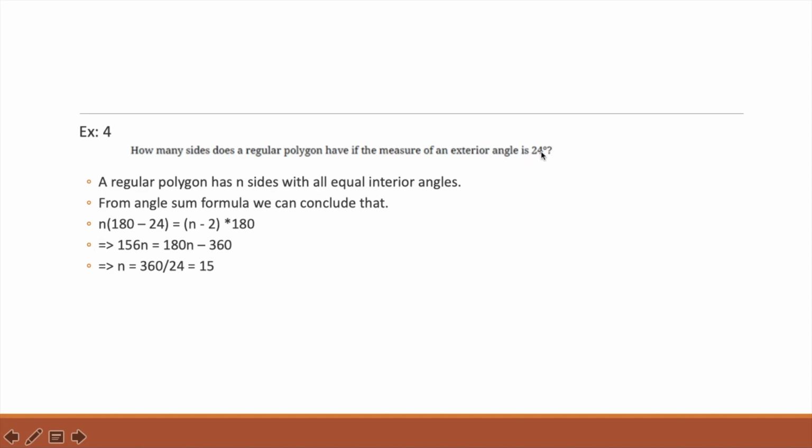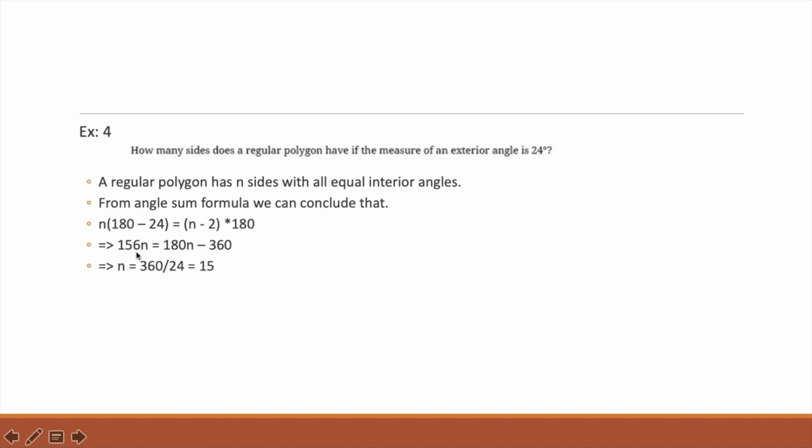If the exterior angle is 24, then the interior angle is 180 minus 24, that is 156. So n multiplied by 156 equals n minus 2 multiplied by 180. This is the angle sum formula. All interior angles are equal, so if n sides means n interior angles, n multiplied by one interior angle equals the whole angle sum.